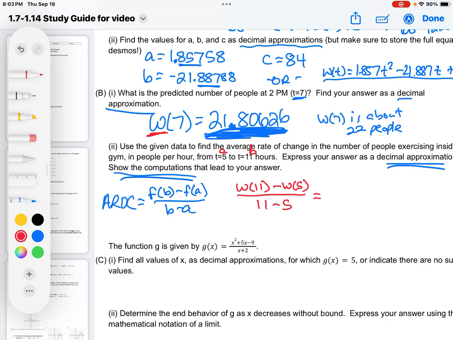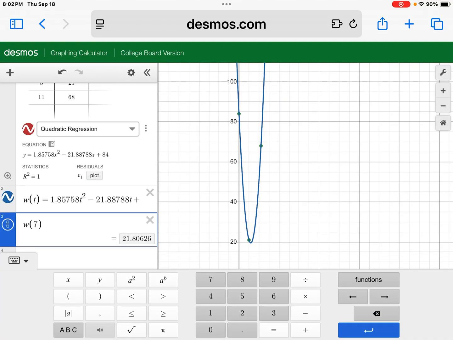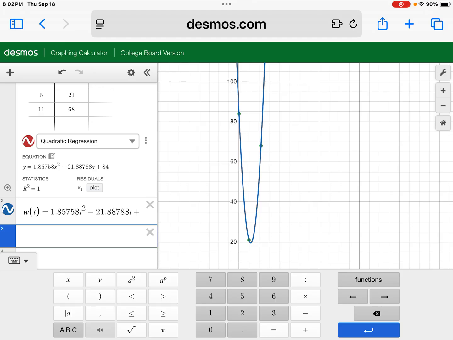And before you think, oh my gosh, now I got to go and plug that in and work that out, no, you don't. We're going to take that equation exactly as I wrote it here and go right to our Desmos. We're going to create an equation.